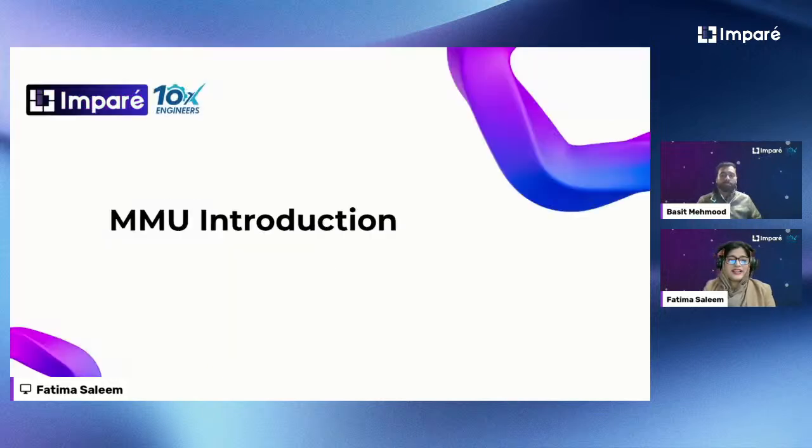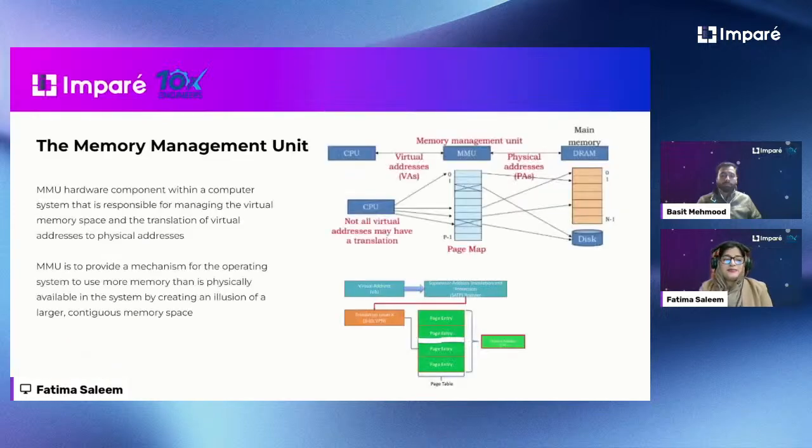So let's get started with the introduction of the MMU. Basically, the memory management unit is a key component which translates the virtual address to a physical address. When virtual memory is enabled in a system, while the CPU does any access, load, store, or instruction fetch, it's going to produce a virtual address.